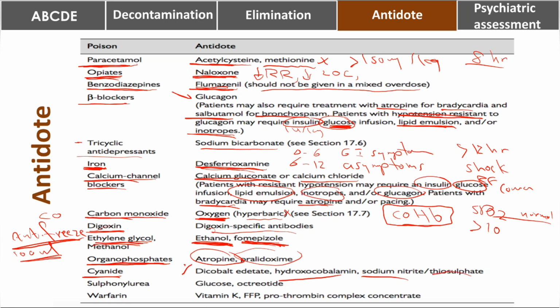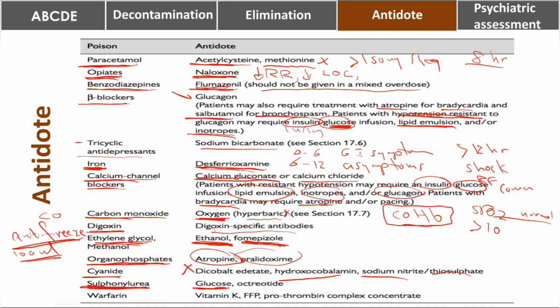EDTA, dicobalt edetate, is not available and not indicated. Sulfonylurea. Sulfonylurea is the drug that is used for patients with diabetes. For example, glimepiride, glibenclamide, glyburide. So if the patient comes with sulfonylurea poisoning, the first thing they will get is hypoglycemia.